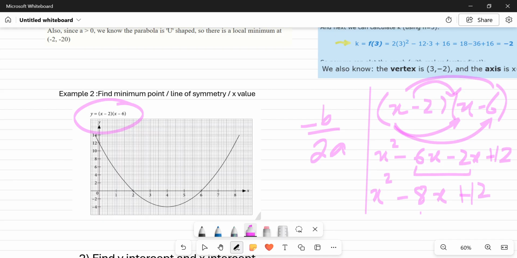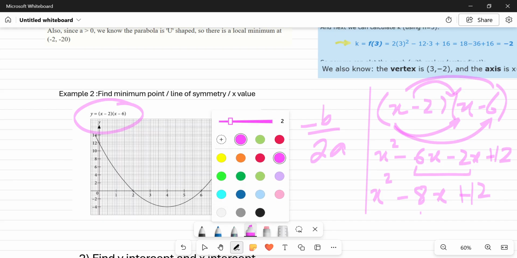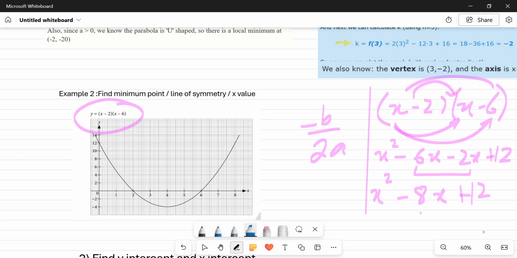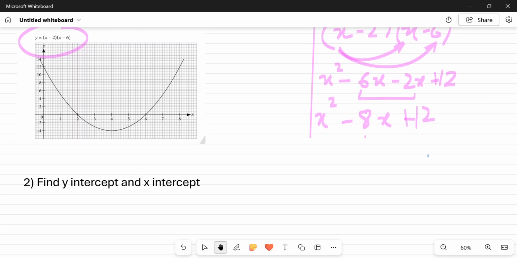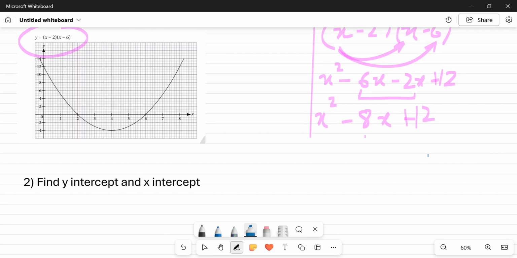So here the b value is minus 8. Now I'm going to substitute it in the formula, minus b over 2a.